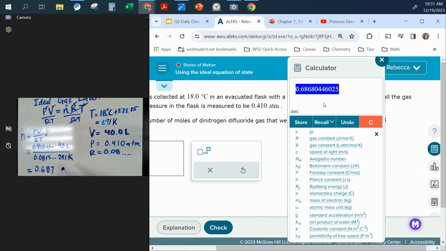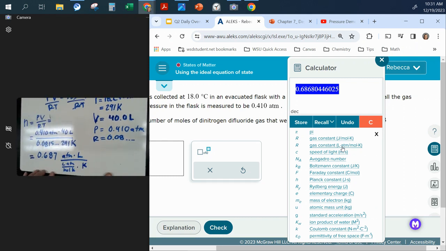Okay, so let's keep track. So we started with atmospheres times liters divided by, our gas constant is liters times atmospheres over moles times Kelvin, and our temperature was in Kelvin. So watch what happens to our units. Atmosphere on the top, liters on the top, liters on the bottom, atmospheres on the bottom.